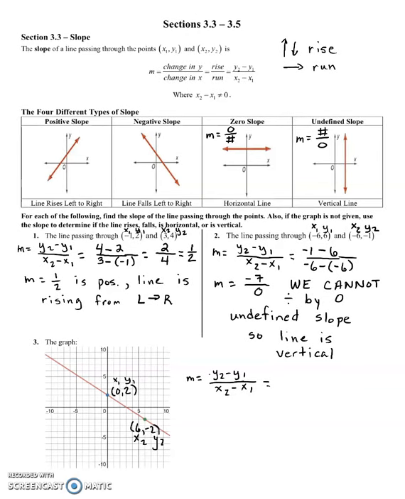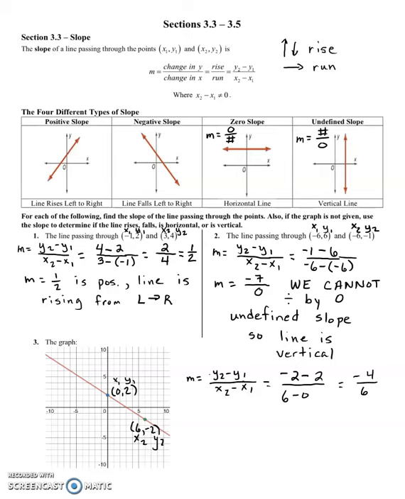So y2 is -2 minus y1 is a +2 over x2 is 6 and x1 is 0. So -2 minus 2 is a -4.